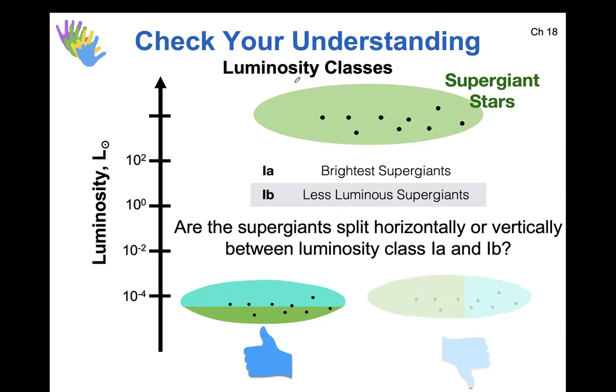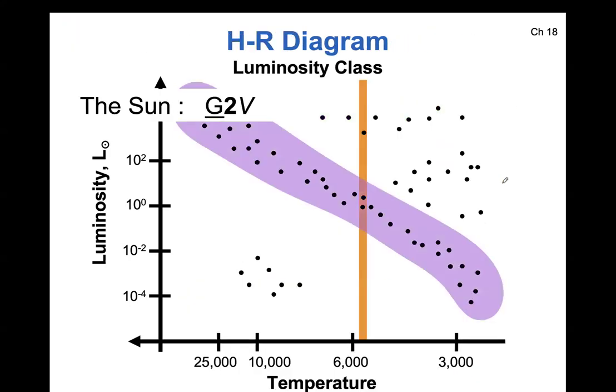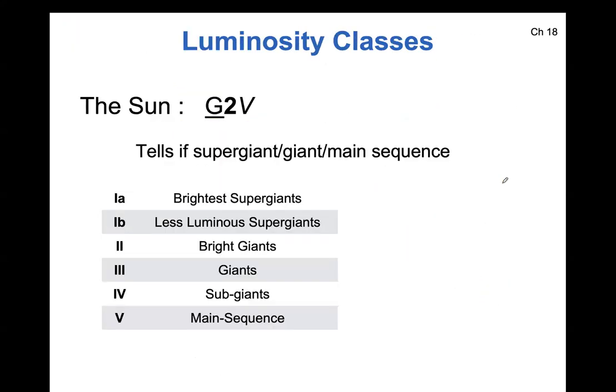Okay, so looking right here, supergiants, the two subcategories. So this is kind of a summary of the different luminosity classes. See, main sequence, then the subgiants, then you have giants and bright giants.